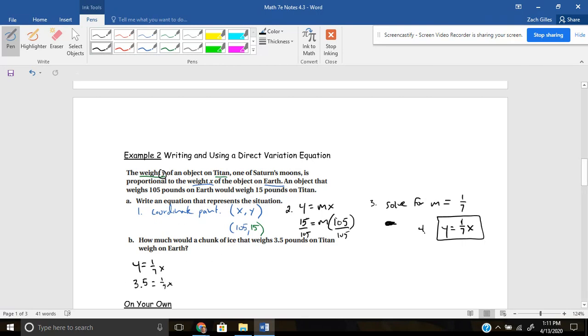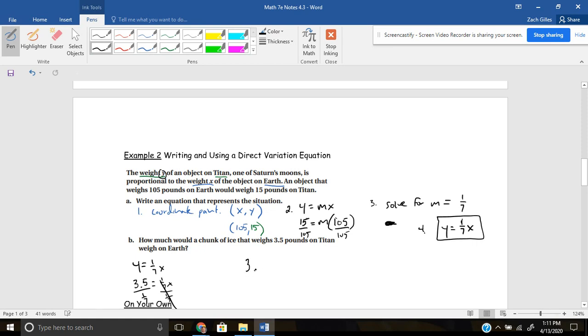What is being done to x? It's being multiplied by 1/7. So to undo that, I would divide by 1/7 on both sides of my equation. This would cancel. And remember, dividing by a fraction is the same as multiplying by its reciprocal.